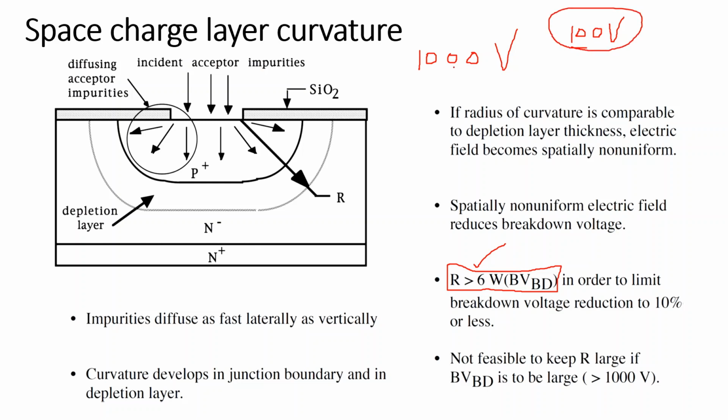It may happen that some breakdown voltage is reduced, let us say to 950, but it will not go below 900. That's what it means.